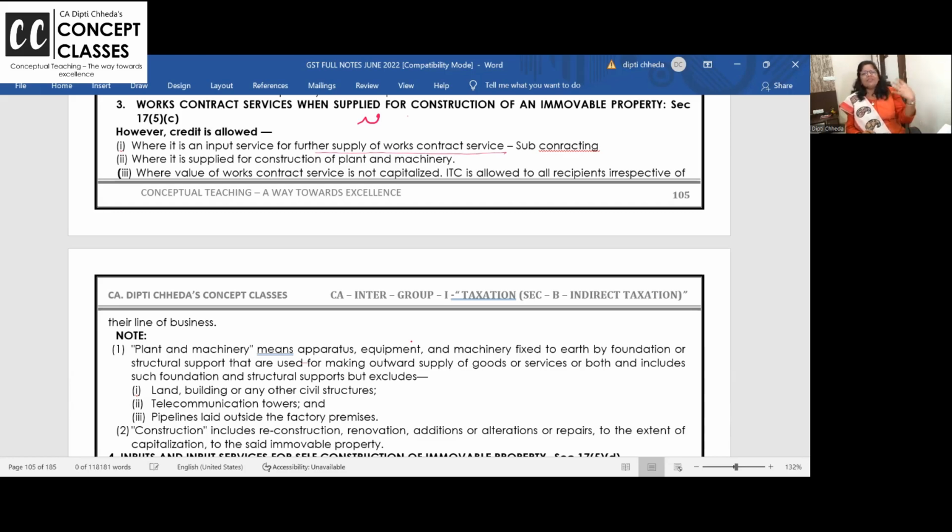I have availed some works contract service for repairs of my building, small repairs. For example, I want someone to make an iron door or shutter, so I gave a small work as a works contract. In that he has charged, and this expense I am going to write off in my repairs.